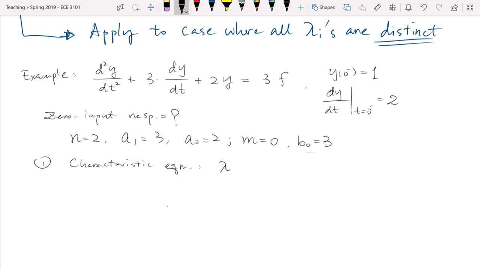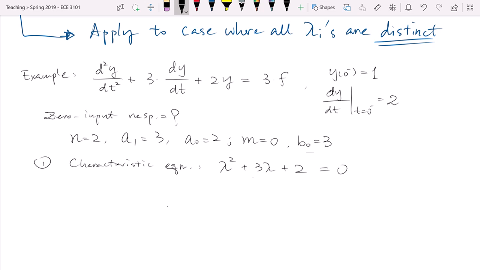It's going to be lambda squared plus 3 lambda plus 2. And the way to do this is, the second derivative will become lambda squared, first derivative becomes lambda, and the output signal itself in the differential equation becomes the constant. And all the coefficients come from the coefficients in the original differential equation.